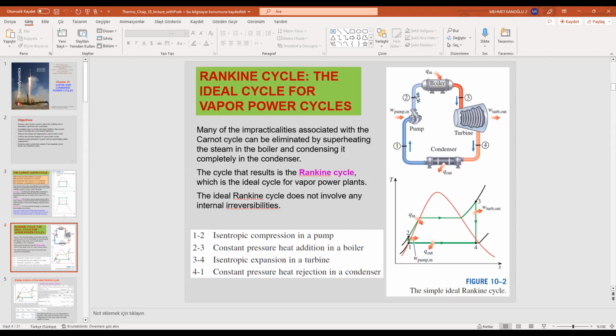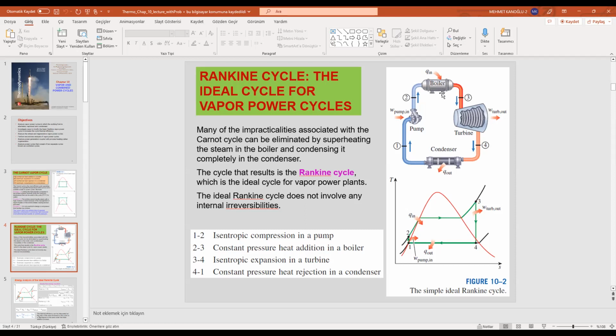So at 2, liquid water enters the boiler. It is heated in the boiler until it reaches the saturated liquid state, because state 1 is saturated liquid, state 2 is compressed liquid. And as you heat at constant pressure in the boiler, it reaches the saturated liquid point first.